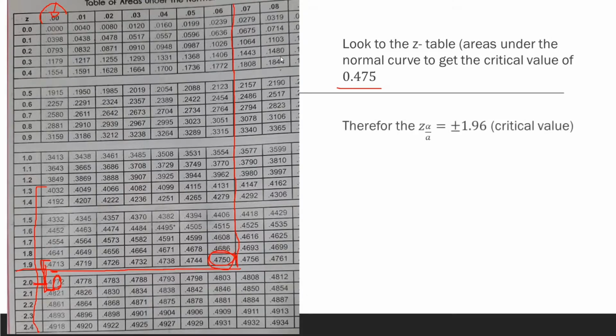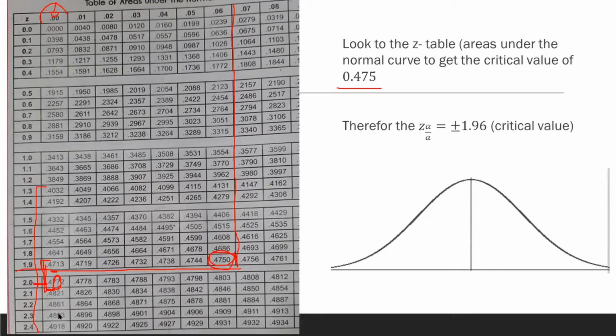So, therefore, the Z critical value is equal to positive and negative 1.96. Bakit siya positive or negative? Dahil two-tailed po tayo. So, yung isa, negative 1.96, and then yung isa naman natin ay positive 1.96.